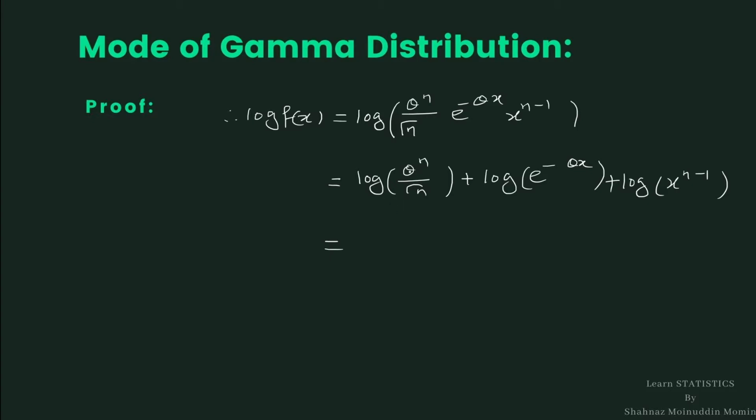Since theta raised to n divided by gamma n is constant, one can write it as constant c, and here log and exponential function get cancelled as we are taking the natural logarithm. So, it is c minus theta x plus n minus 1 log x, where c equals log of theta raised to n divided by gamma n.